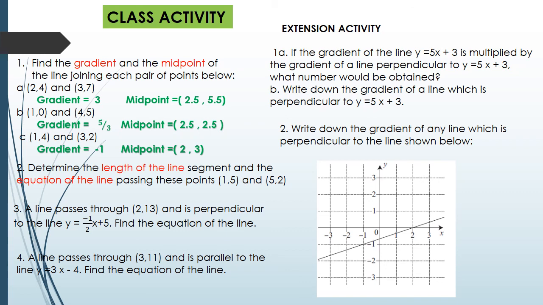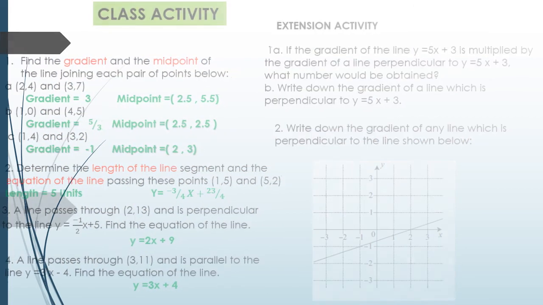If your midpoint is correct, you have a second point. If your length is correct, you have a point, and if the equation is correct, you have a second point. Good. This should be over 10. You can now mark your work over 10.